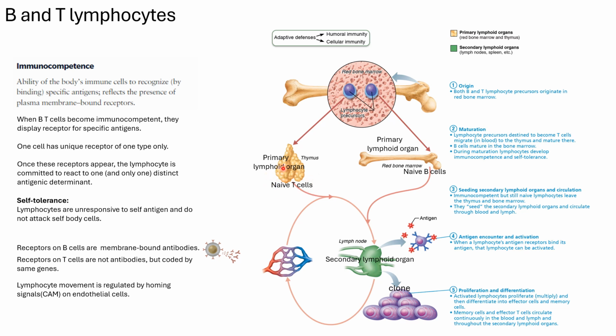Those receptors tell us that they are now immunocompetent, although they are still naive. They have not been exposed to the antigen yet. And then what happens is that these naive cells go to the secondary lymphoid organs and they seed them. It is there in these secondary lymphoid organs that antigen is presented to them.